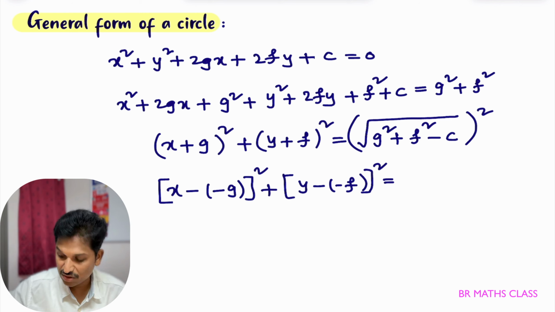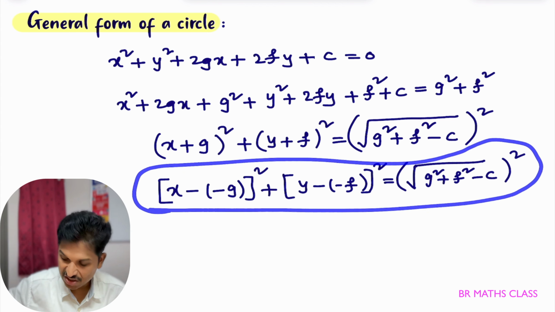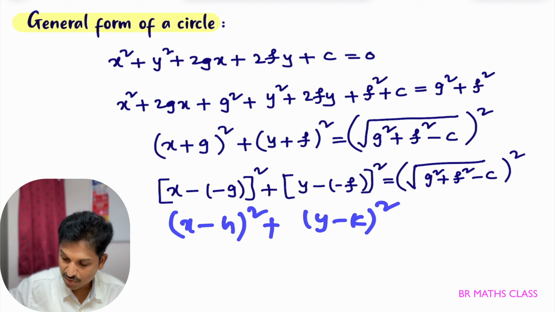R square means what you will get: (root over g square plus f square minus c) whole square. Now I can compare this equation with (x minus h) whole square plus (y minus k) whole square equals r square.